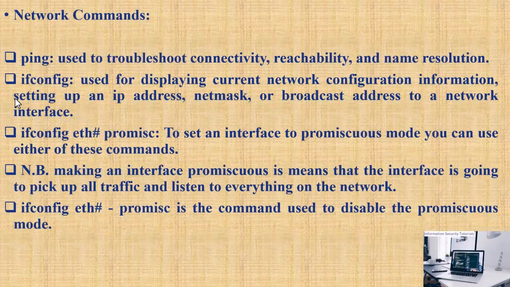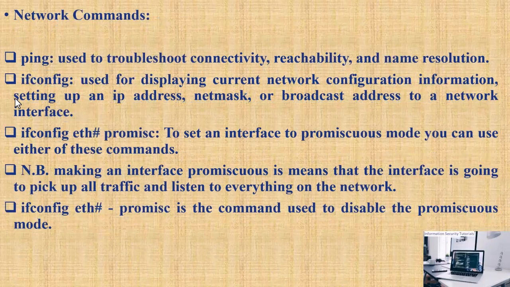It's very useful. So to be able to capture the packets and listen to everything on your network, you have to enable promiscuous mode, and this is the command used to enable it: ifconfig, then choosing which interface you want to enable this mode on. As we said before, on servers, for example, we may have many interfaces, so to enable promiscuous mode on a specific interface, you have to specify the number of this interface.